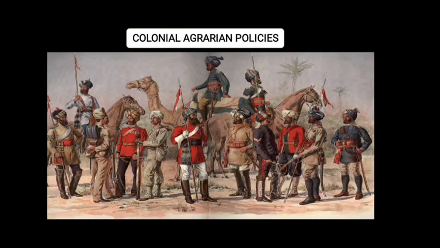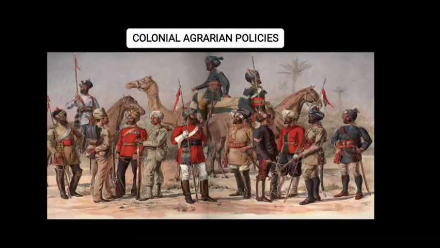Okay, in our previous chapters we have learned that the Battle of Buxar was fought. When the Indians lost the Battle of Buxar, what happened? The East India Company began to take hold of India under their control.